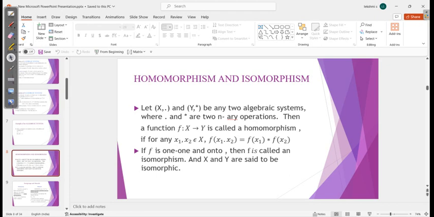And in that homomorphism, if f is one-one and onto, then f is called an isomorphism. So what is known as homomorphism? Two sets are there, x and y. Here the operation is dot, here the operation is star.